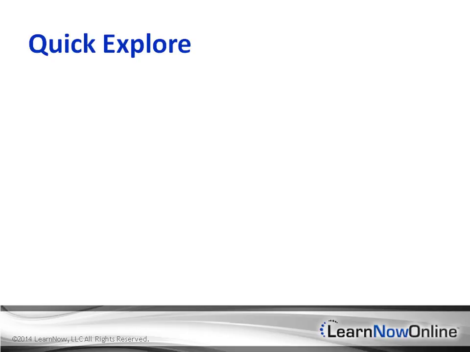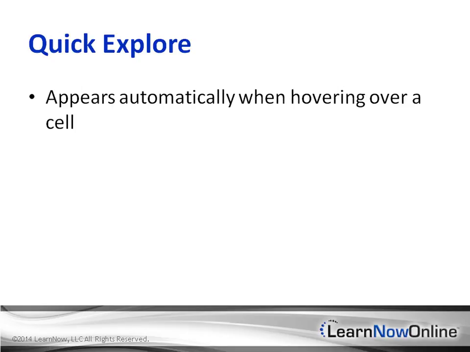Quick Explore. Quick Explore appears automatically, and most likely you've already seen it during our earlier demos. Why? Because it hovers automatically over our cells. Just like it does that automatically for you, that also means that you could easily click on it and be taken to Quick Explore without even being aware of it.